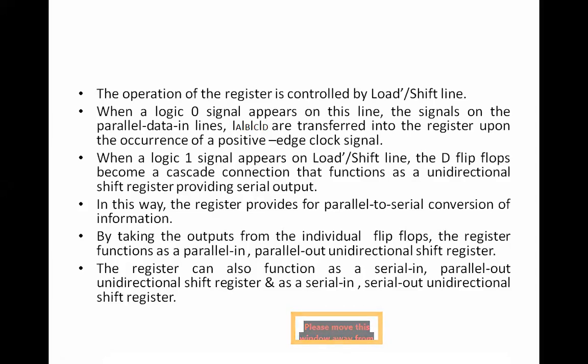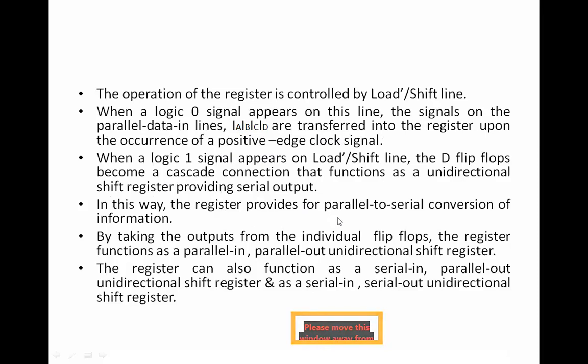When a zero signal appears on the load and shift line, the signals on the parallel data in A, B, C, D are transferred into the register upon occurrence of, this is important, the positive edge of the clock. When one appears, then the flip-flops become cascade connection and it acts like a shift register, providing serial output.